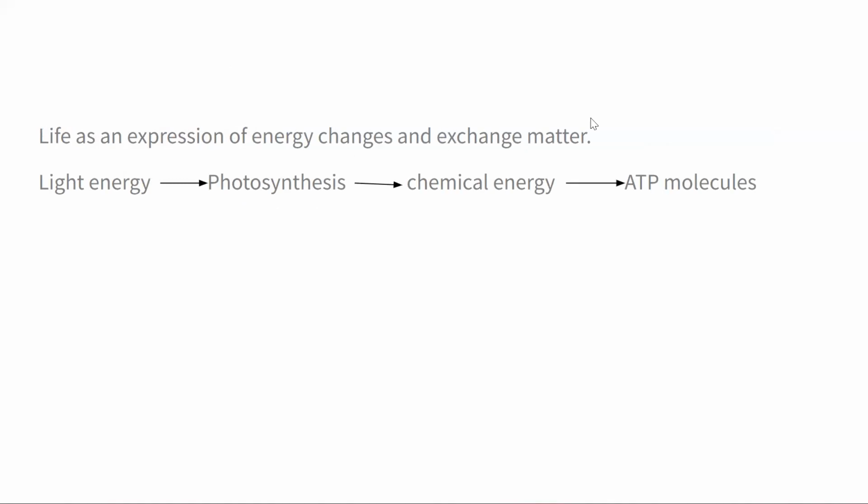Light energy is taken in by photosynthesis and converted into chemical energy, making ATP molecules. You cannot conserve energy, you cannot keep it in yourself. You have to pass it to the next. So it is always an exchange of matter.